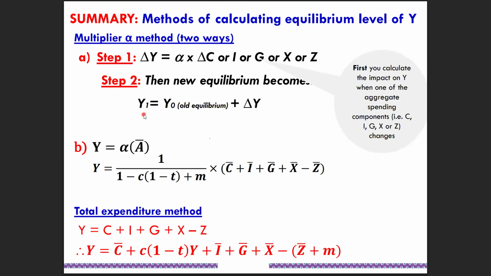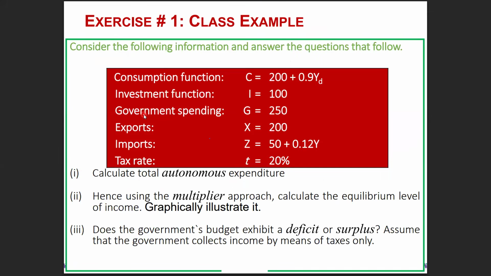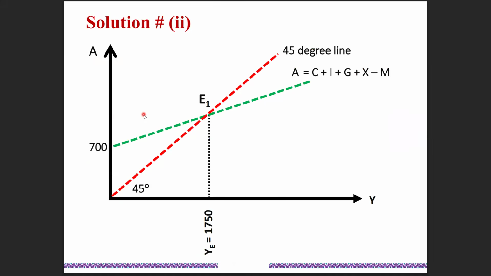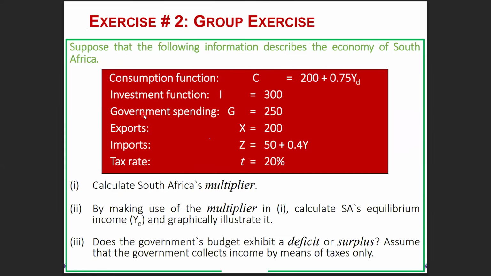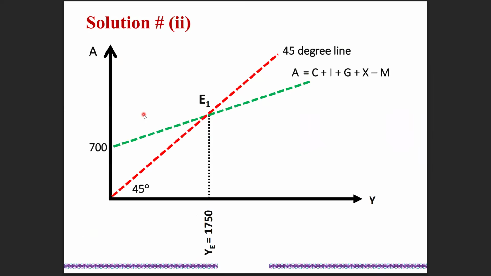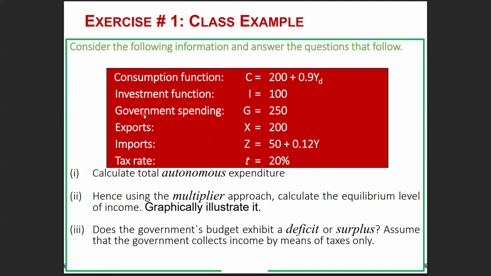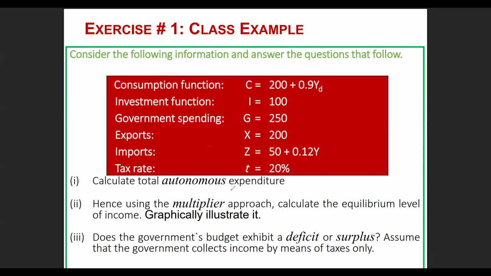Now let's continue. Now let's look at the questions. Okay, so let's do this one. They're saying to calculate total autonomous expenditure. They just want us to only calculate the autonomous component.